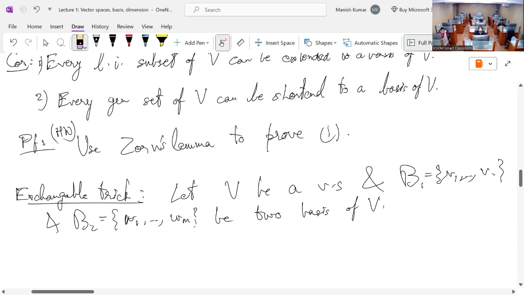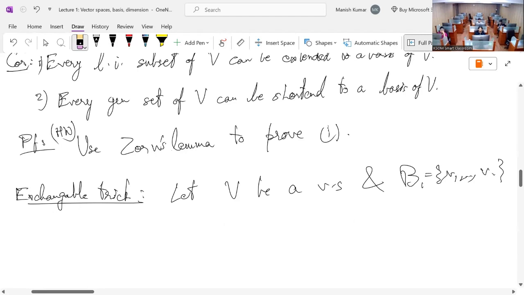The exchange trick statement is somewhat different. So this is maybe the exchange lemma, you can call it.